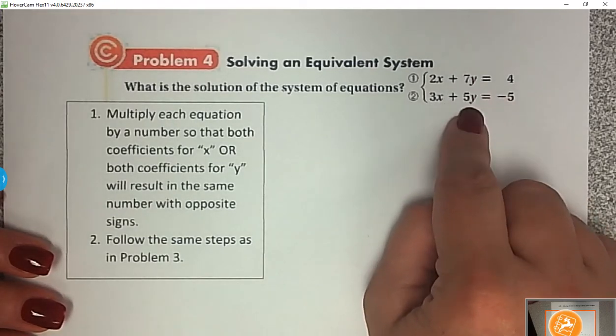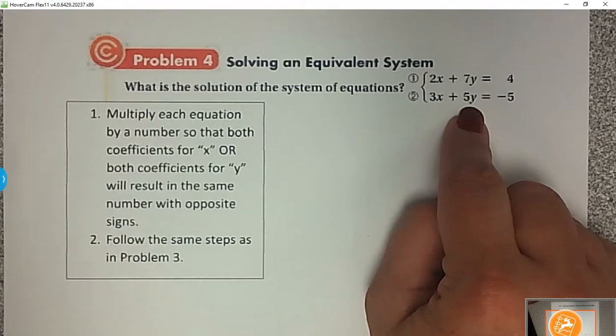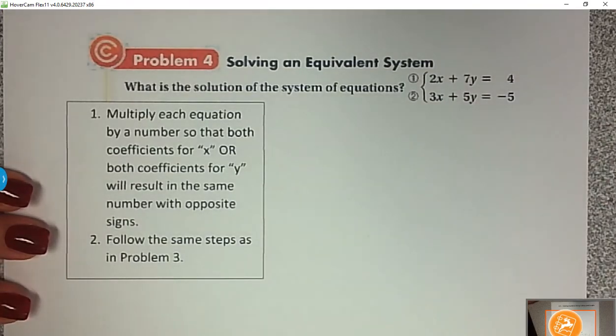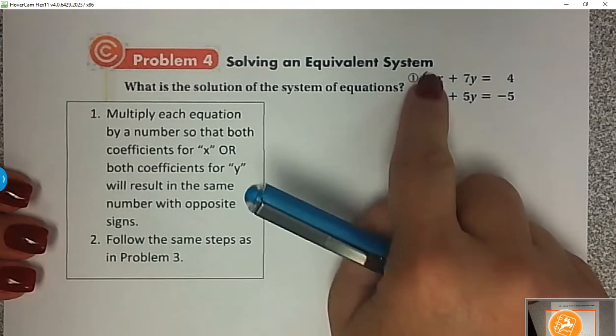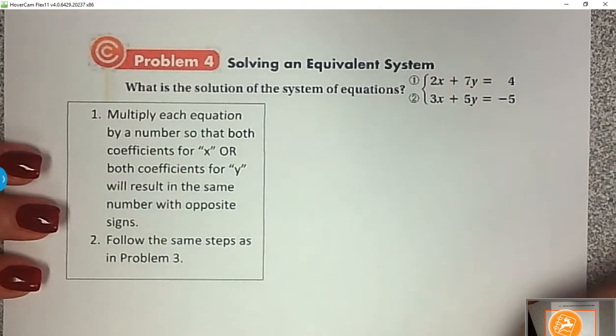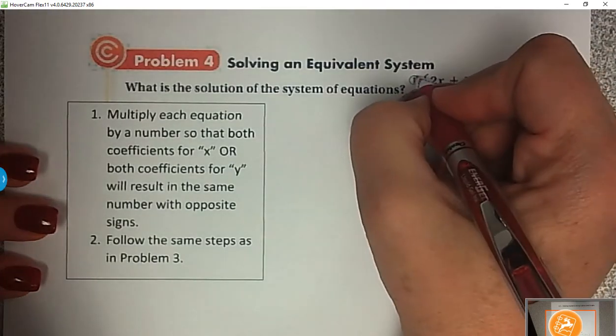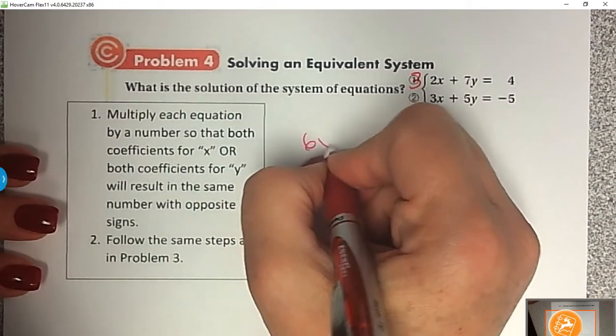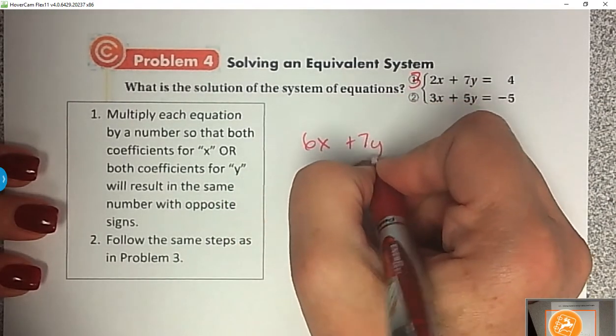I could also fix the y's if I wanted to. I could turn them both into 35 by multiplying this by 5 and this by 7. I would rather not use numbers that large, so I'm going to go with fixing the x's. So I'm going to multiply this equation by 3, and that will give me 6x plus 7y.